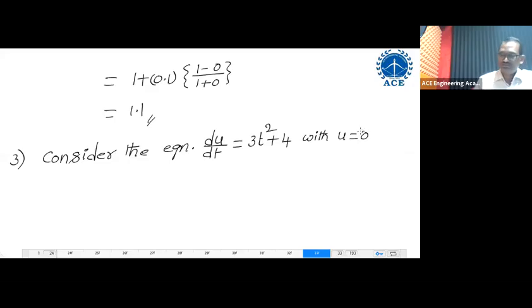Write this. This is u equal to 0 at t equal to 0.